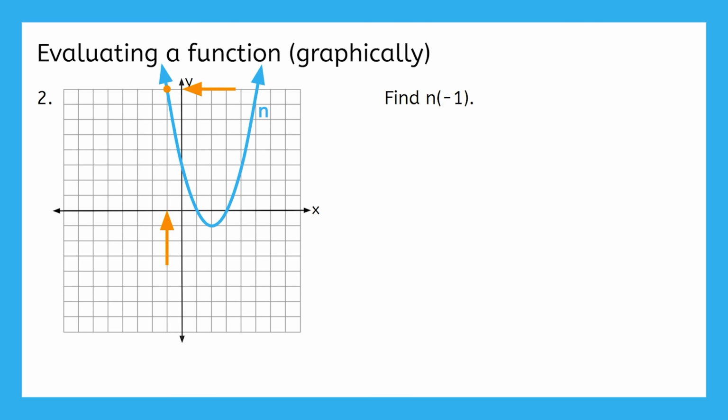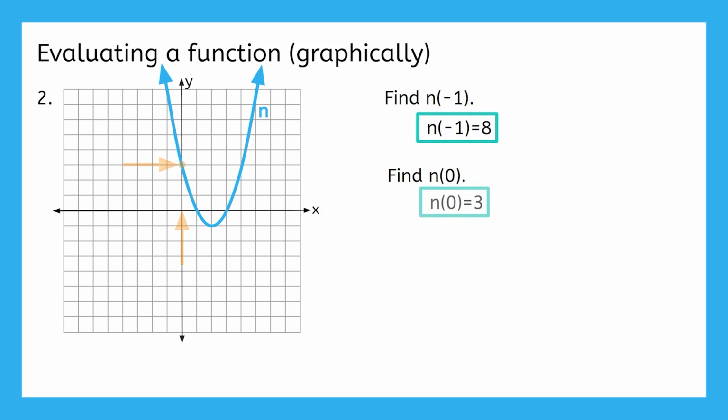So n of negative 1 is 8. When evaluating n of 0, I input 0 and get an output of 3. So n of 0 is 3. When evaluating n of 2, I input 2 and I get an output of negative 1. So n of 2 is negative 1. Really nice work.